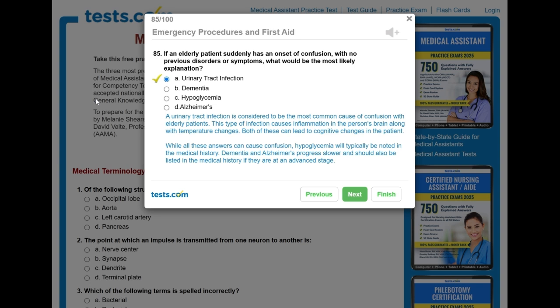A urinary tract infection is considered to be the most common cause of confusion with elderly patients. This type of infection causes inflammation in the person's brain, along with temperature changes. Both of these can lead to cognitive changes in the patient. While all of these answers can cause confusion, hypoglycemia will typically be noted in the medical history. Dementia and Alzheimer's progress slower and should also be listed in the medical history if they are at an advanced stage.